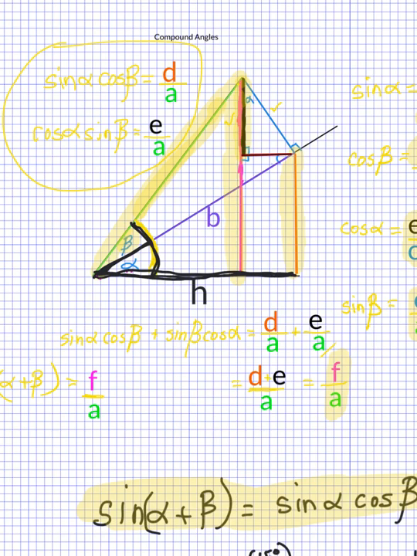Cosine of beta, now we're just looking at this triangle right here. So the cosine of beta is equal to the purple B over this green. Let me erase this so it actually looks green.